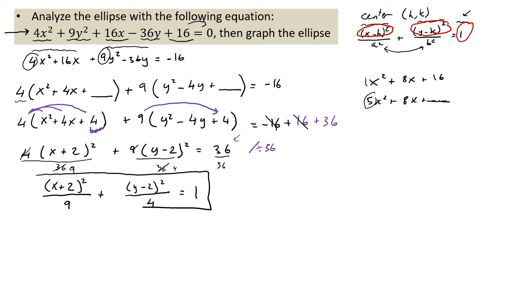So now after doing all that, we just got our equation for this ellipse. Let's go ahead and get everything else and also graph that ellipse. So (x plus 2) squared over 9, (y minus 2) squared over 4. So here's the equation.